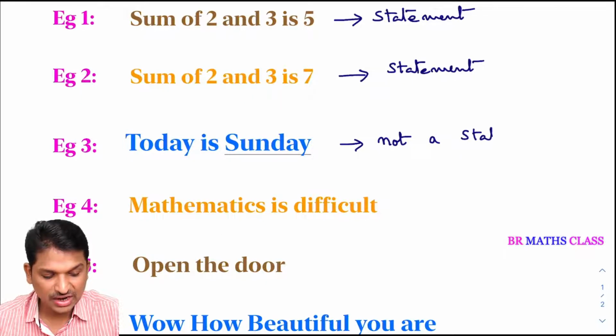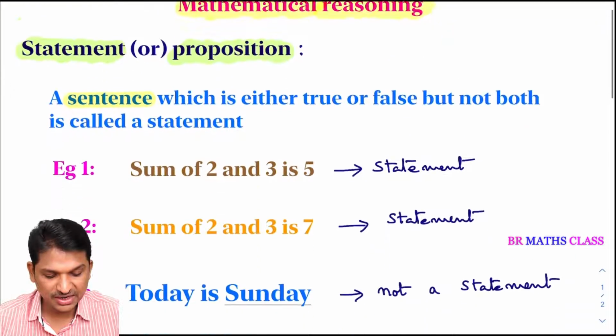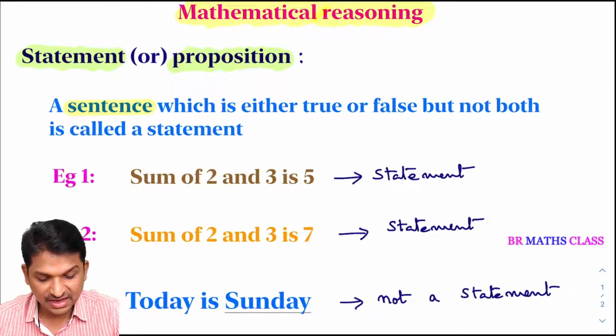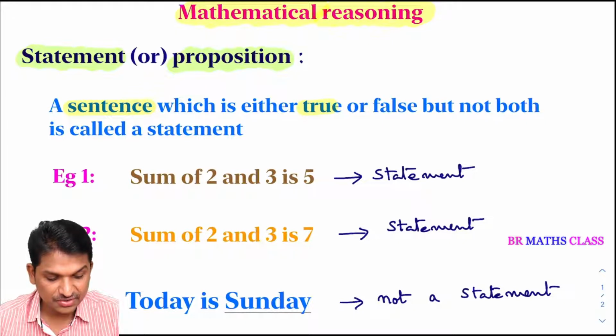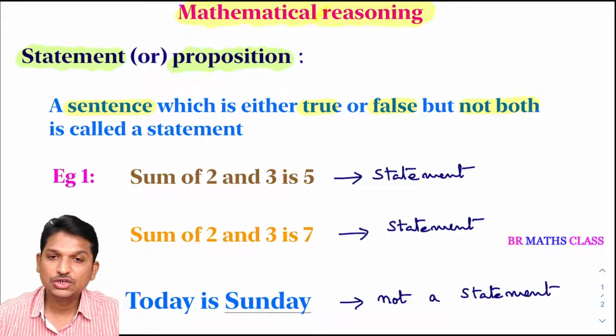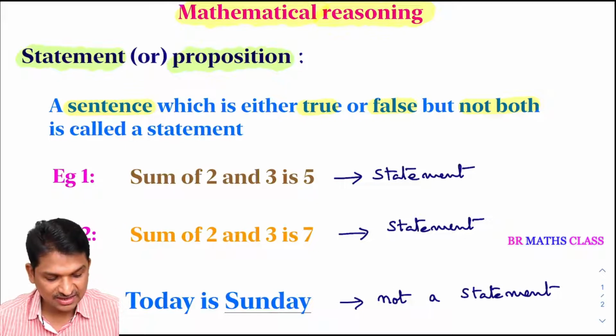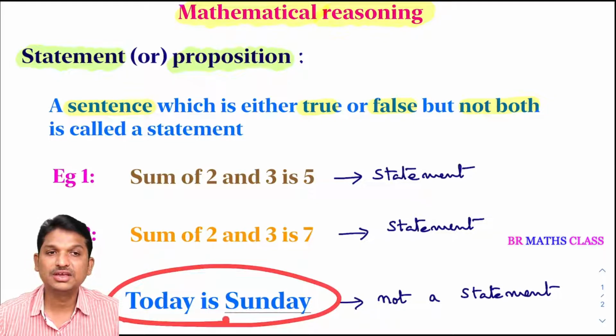I hope you are understanding what a statement is. A statement is a sentence which is either true or false but not both. Today is Sunday. In this example, it is both. It is true on Sunday, and on the remaining days it is false. That's why this is not a statement.